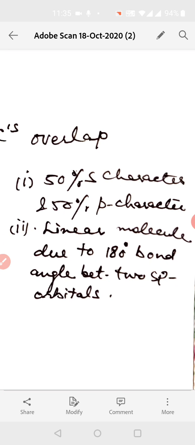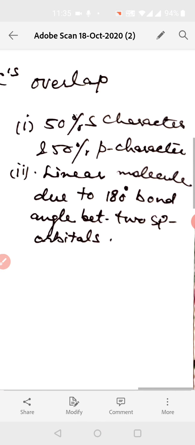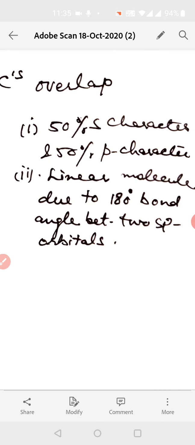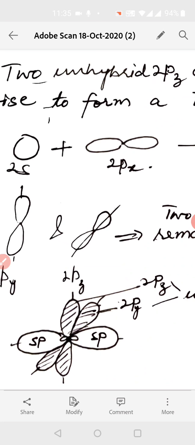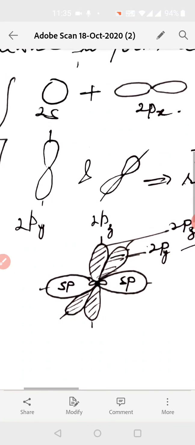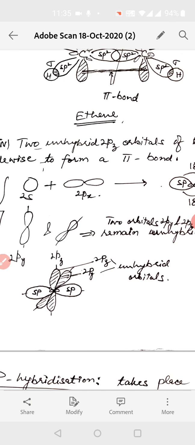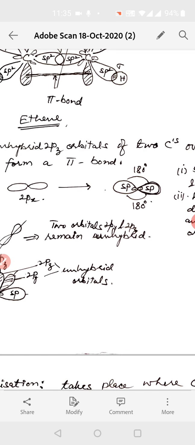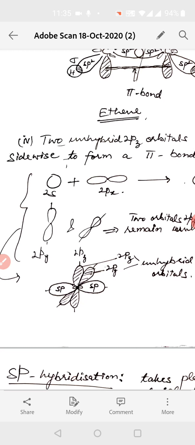So 50% s character and 50% p character, and the molecule is linear due to the 180 bond angle between 2 sp hybrid orbitals. Then the 2p orbitals which remain unhybridized, 2py and 2pz, remain unhybridized.